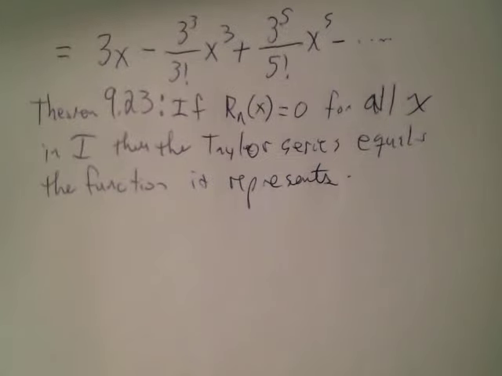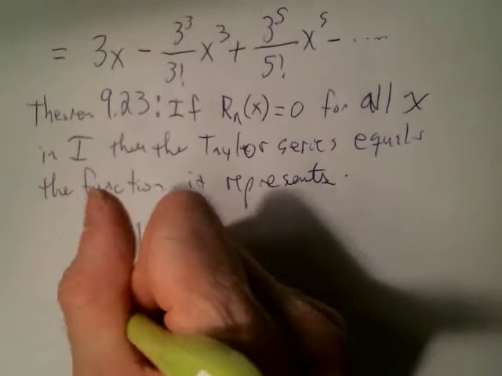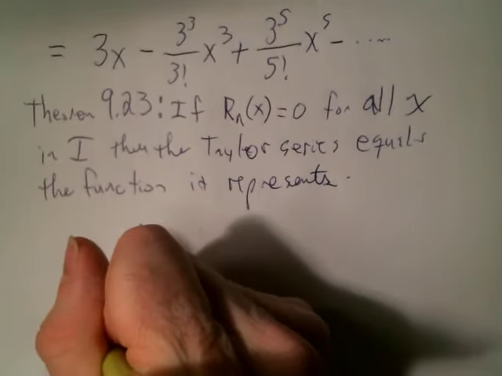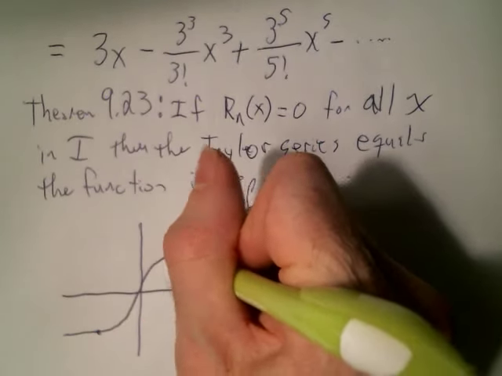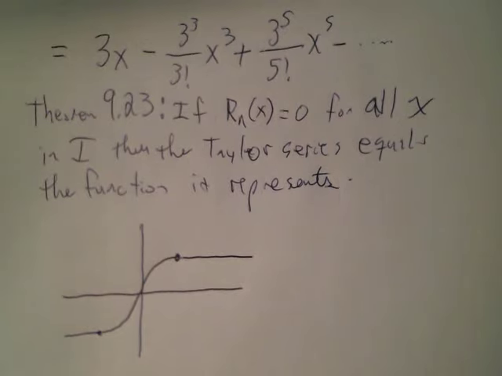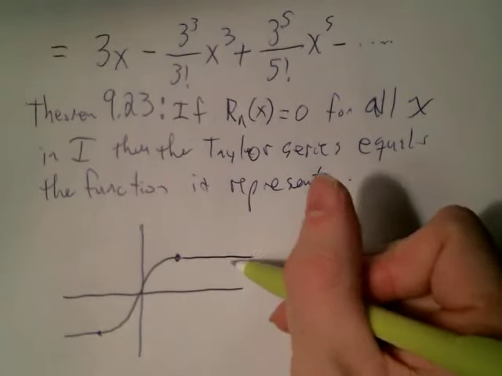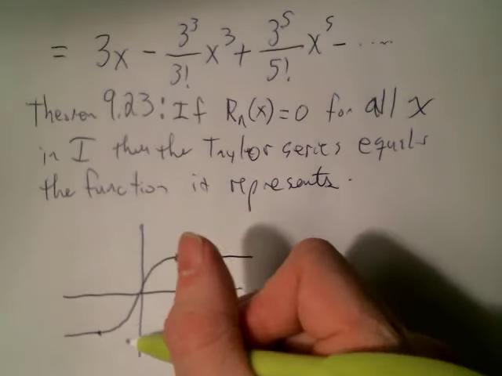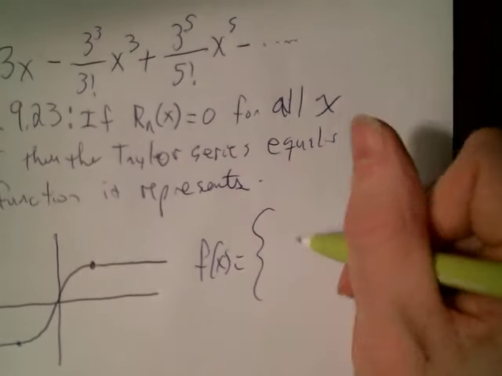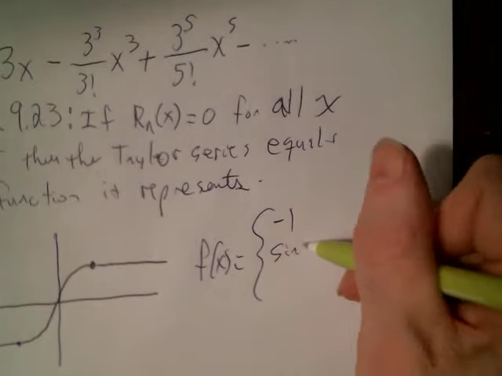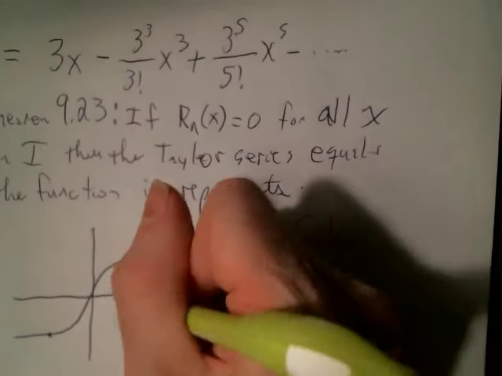Okay, so again, the issue is if you have some sort of weird piecewise function like this guy, which is sine of x in the middle, and then on the ends, maybe it's just y equals 1 and y equals -1. So f of x equals -1, and then sine of x, and then 1. Okay.